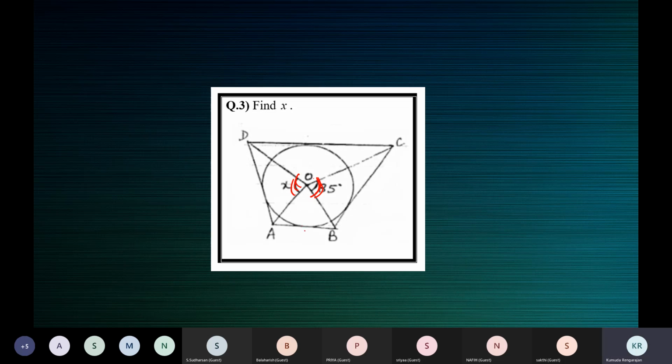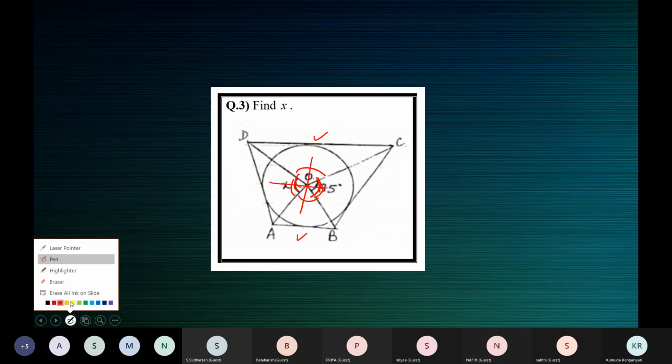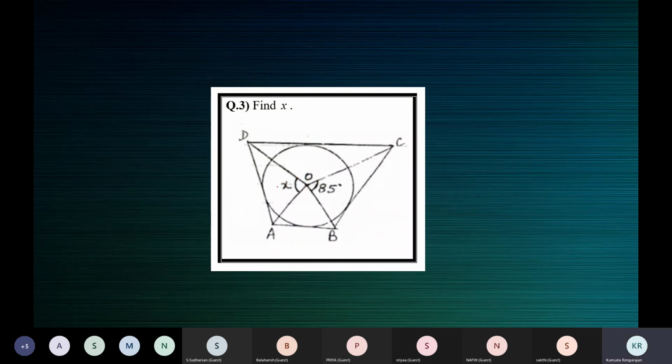The side AB subtends this angle. The side CD subtends this angle. The sum of these two angles will be 180. The sum of the other two angles is 180. So totally around the point we'll have 360 degrees. Is the property understood, children?